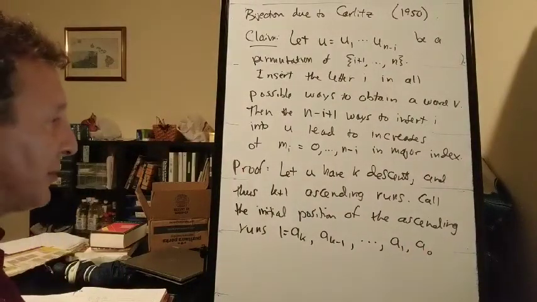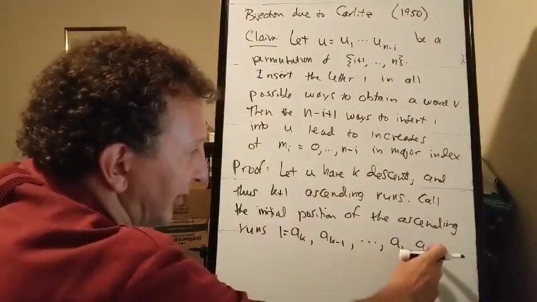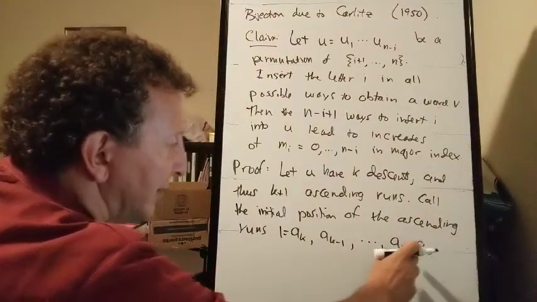So we've got k plus 1 ascending runs. So the last one after the last descent is going to start at position A naught.